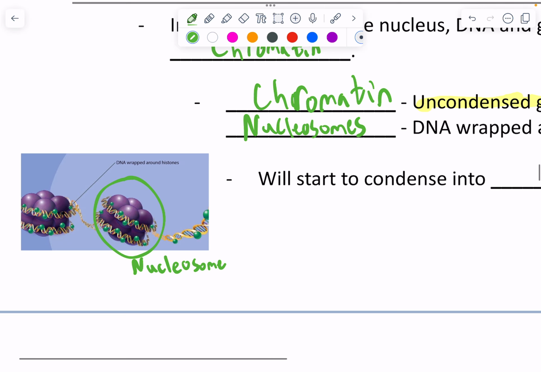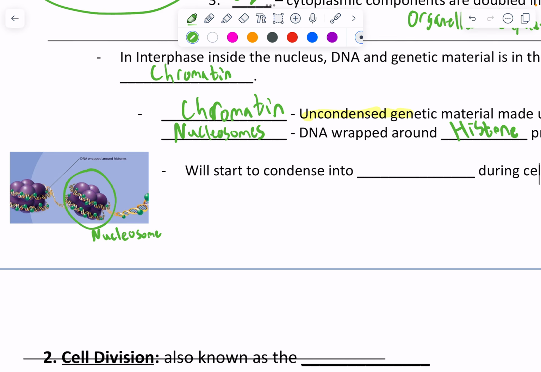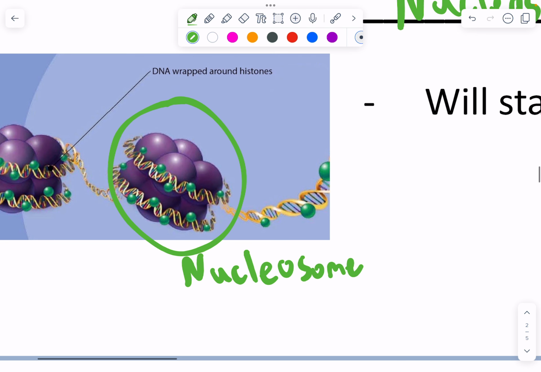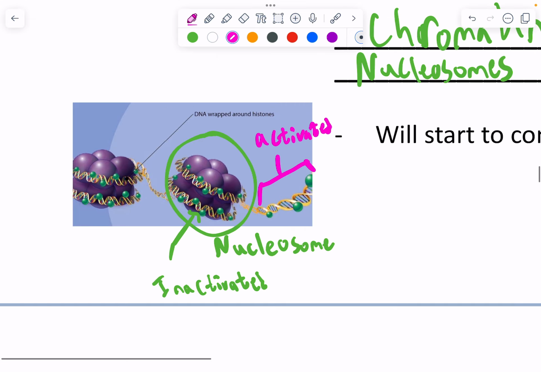When you wrap up a wire or your charger, you wrap it around a thing a bunch of times just to organize it. The histone also lets the cell activate or inactivate the DNA. When it's all spooled up like this, we would say this is like an inactivated gene. And then as it starts to unwind, like that section, that's DNA that's available to be transcribed, that would be activated.